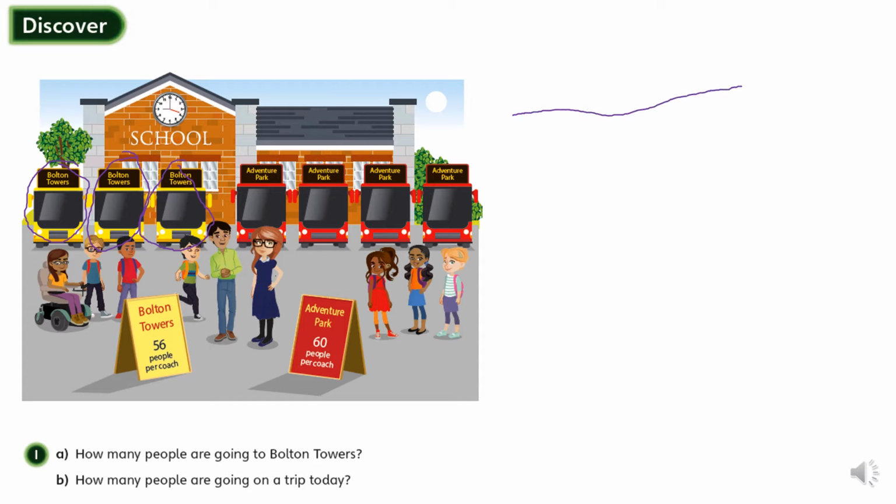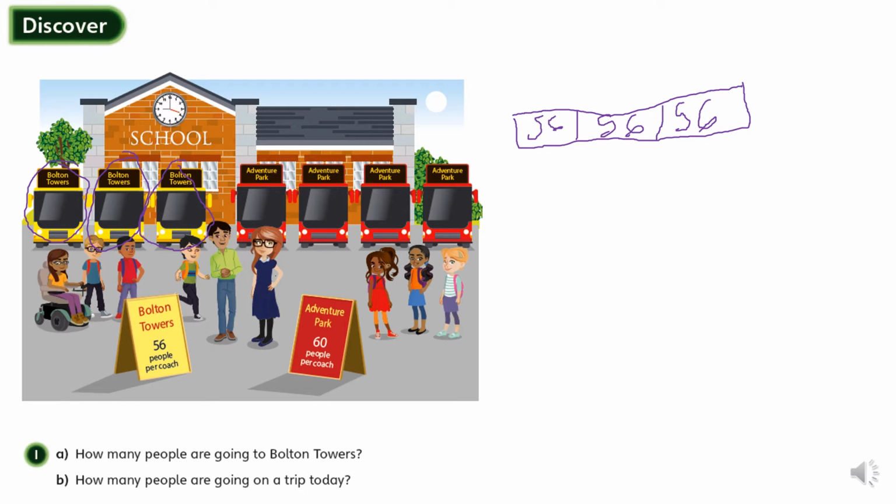Forgive my wobbly lines, imagine that that is a straight bar. So I know there needs to be 3 equal lots of 56. If you imagine there are 56 children or people on each bus.